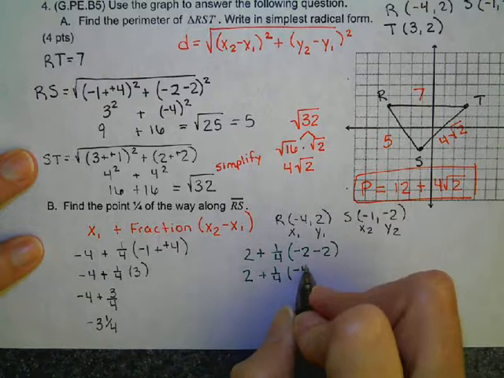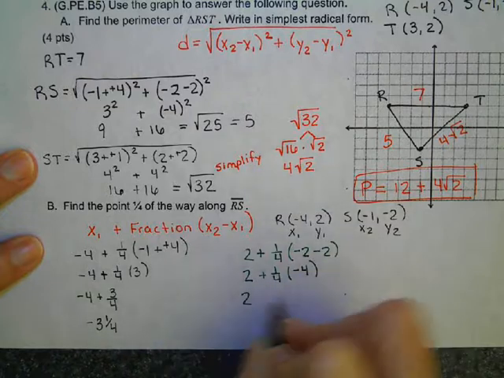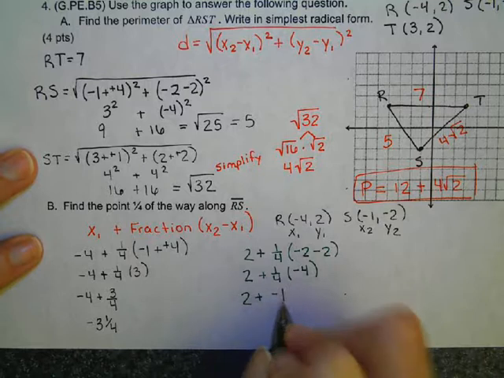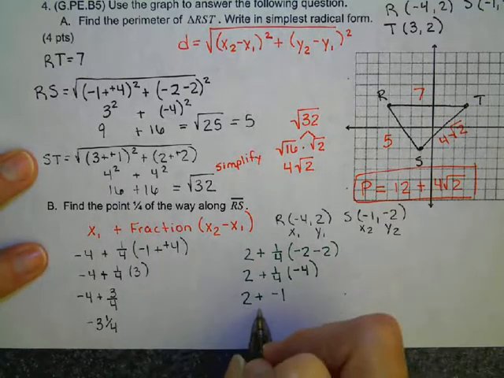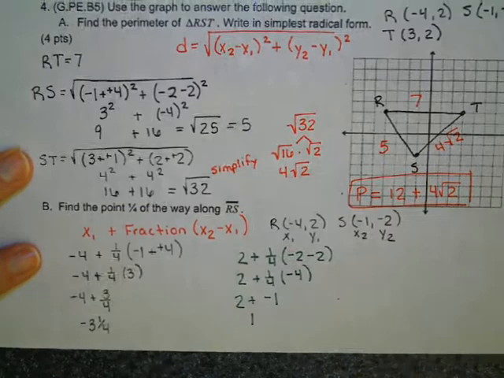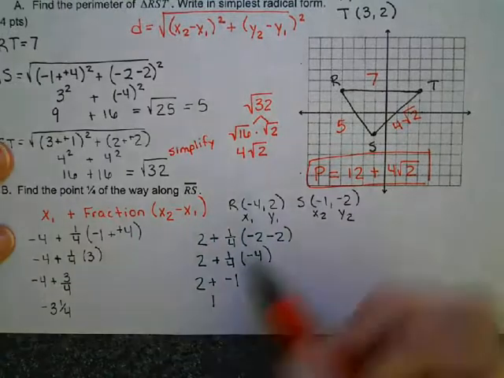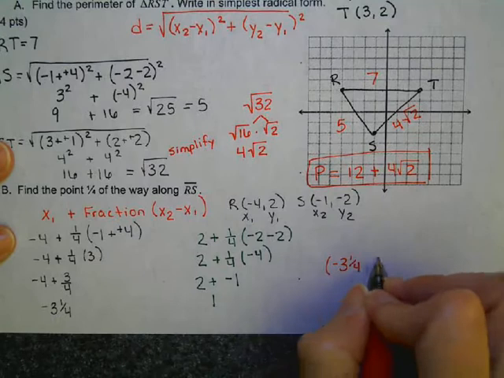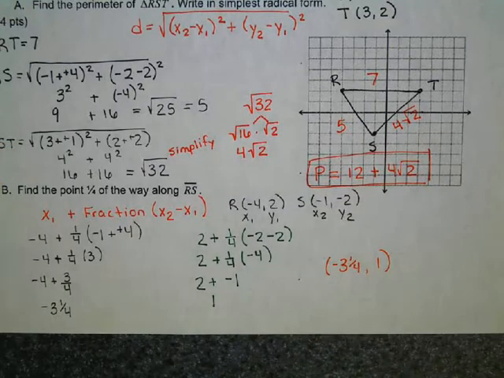Minus 2, we get in here negative 2 minus 2 is negative 4. 1/4 times negative 4 is negative 1. So that answer would be 1. So the point that's a fourth of the distance is the ordered pair negative 3 1/4, comma 1.